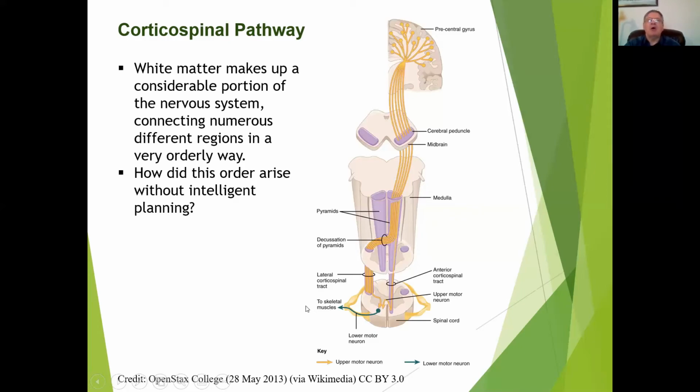Now, white matter makes up a considerable portion of the nervous system, connecting numerous different regions in a very orderly way, often involving two, sometimes more synaptic connections en route. How did this order arise without intelligent planning? If it was created by a purposeless process such as evolution, if it were possible, then we would expect more of a spaghetti and meatballs arrangement, not orderly parallel nerve fibers and tracts, everything being nicely organized, complex but organized.